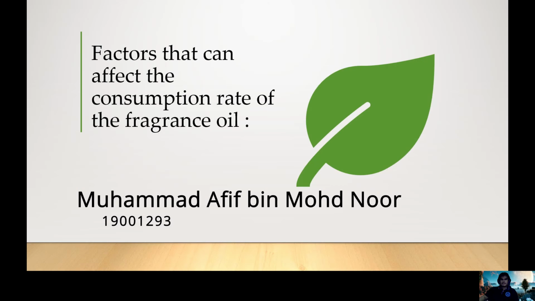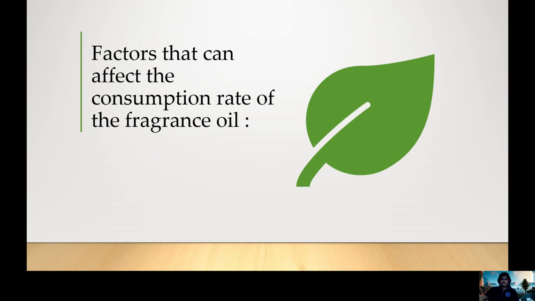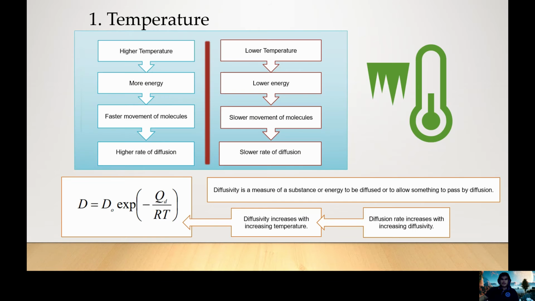Next are the factors affecting the consumption rate of the fragrance oil, which include firstly, temperature. Higher temperature causes higher consumption rate by giving more energy to the diffusing molecules, thus making them move faster. Based on the Arrhenius equation, higher temperature also causes higher diffusivity, which also means higher rate of diffusion.